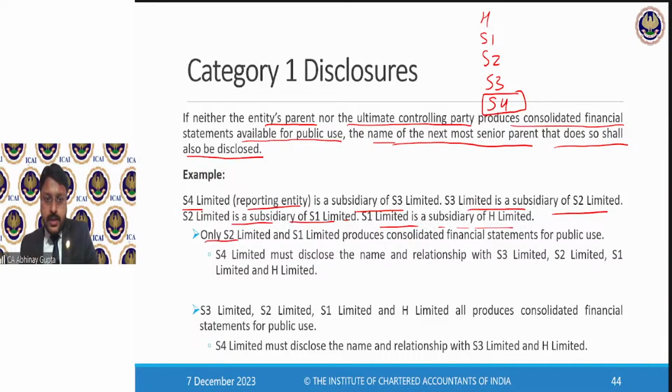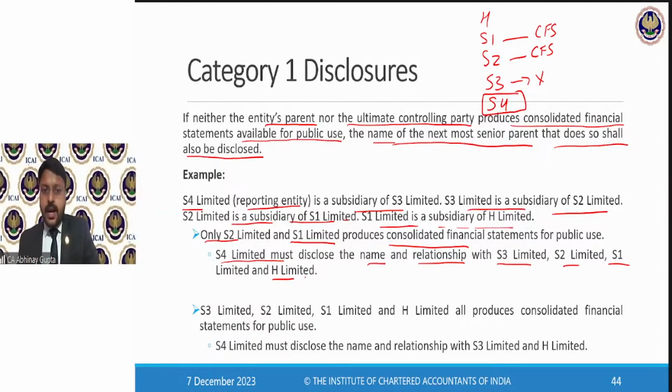Now, if only S2 and S1 produce CFS, consolidated financial statements, but S3 is not producing CFS, then what we will say in the balance sheet of S4, we will disclose the name and the relationship with S3, S2, S1, and H anyway, right? And we will say that S2 is producing the consolidated financial statements. So that fact we need to state.